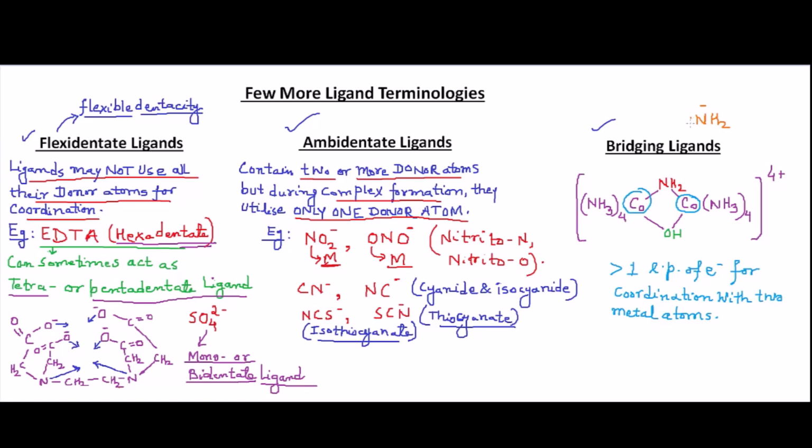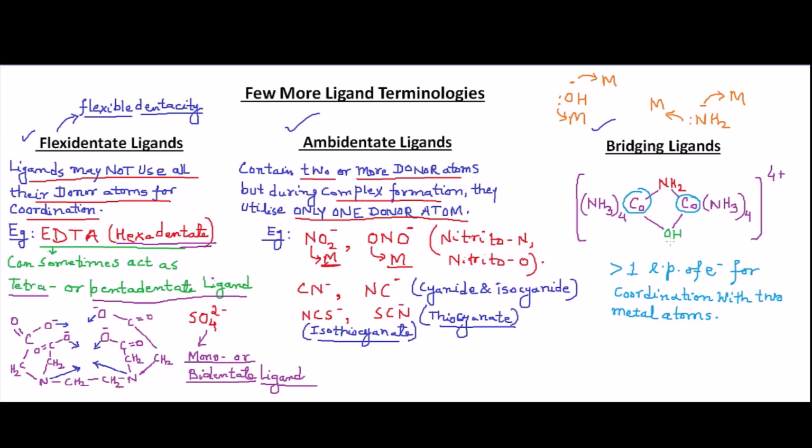That means it can bond with two metal atoms through the negative charge and the lone pair. Similar is the case for OH minus also. So it has a lone pair on oxygen and the negative charge, right? So it can also bond with two metal atoms. So like this, more than one lone pair of electrons for bonding with two metal atoms.